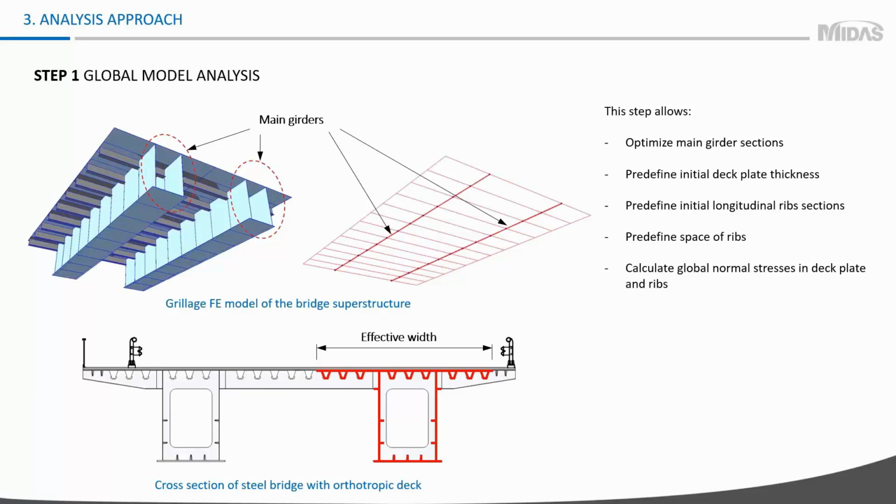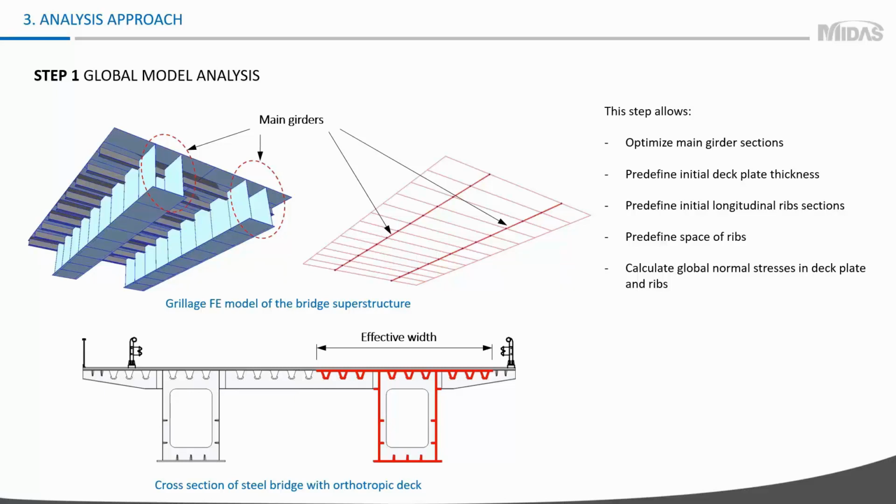Now, let me explain to you a recommended workflow for performing orthotropic deck analysis. According to this recommendation, you may consider 3 steps. First step is the performance of global analysis of the bridge.